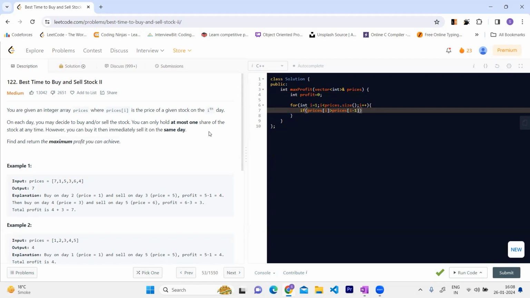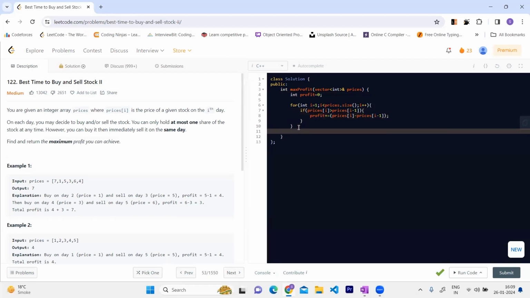If this condition holds true, then we just need to add that to our profit, which is prices of i minus prices of i minus 1, right? And in the end, we just return the profit. Return profit. Now let's try to run this code.